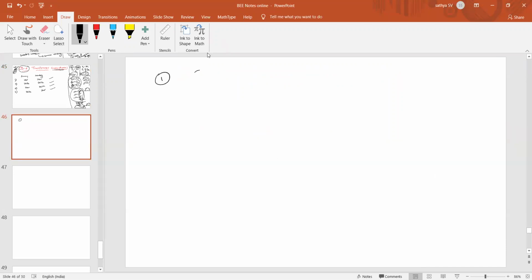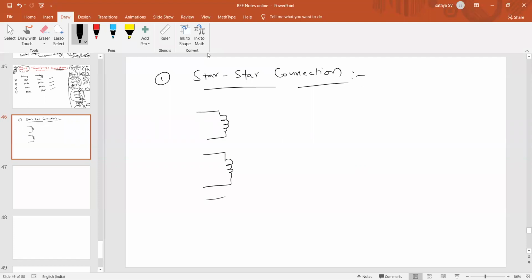First one, keep the side heading, all of you: star star connection. Just focus for 10 minutes, that is enough to learn this topic. On the primary side, this is a three-phase transformer, so three phases on primary and on secondary.